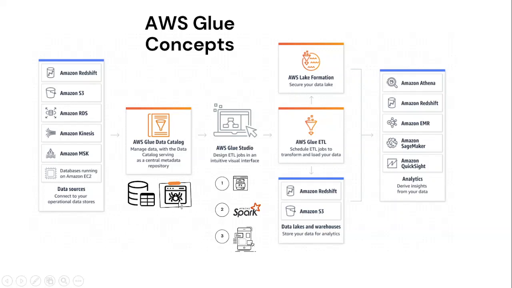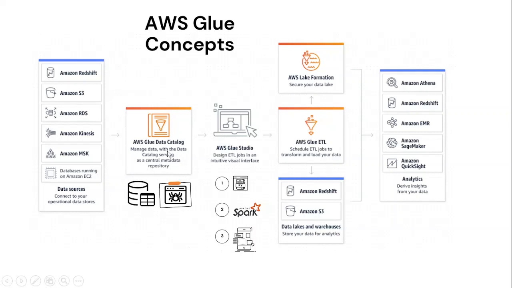A crawler can crawl the various data stores, whatever data source is connected. So for example, let's say we are connected to Amazon S3. The crawler can analyze the data structure of whatever is in our bucket. Let's say we have a CSV file, it can analyze its data structure, infer the schema, and write or even update that metadata into the data catalog.